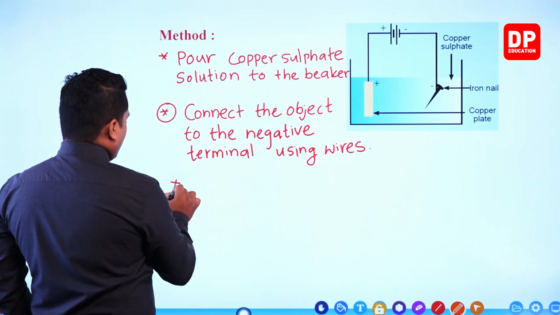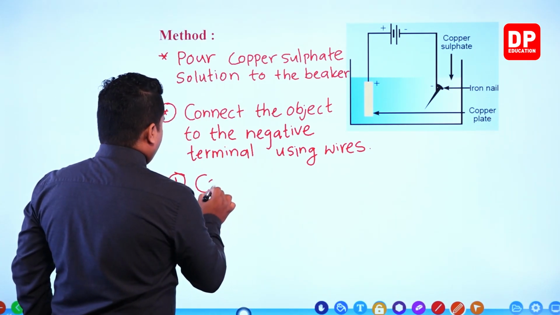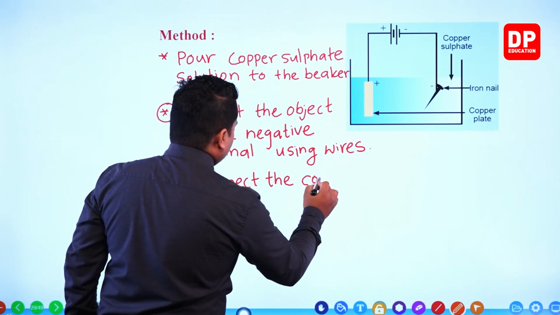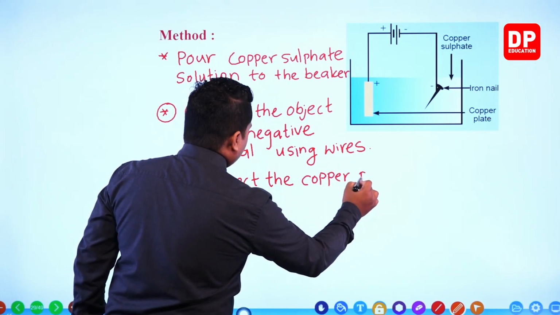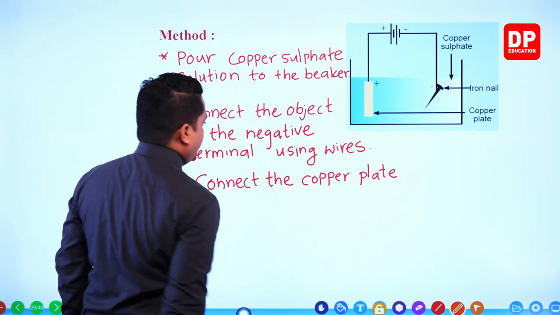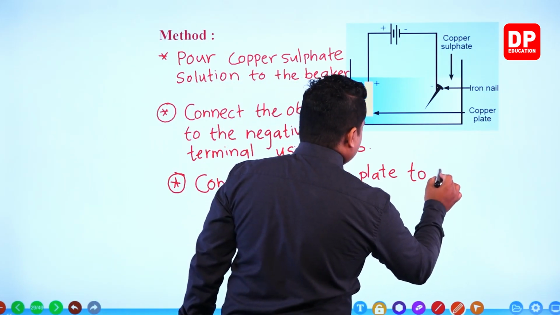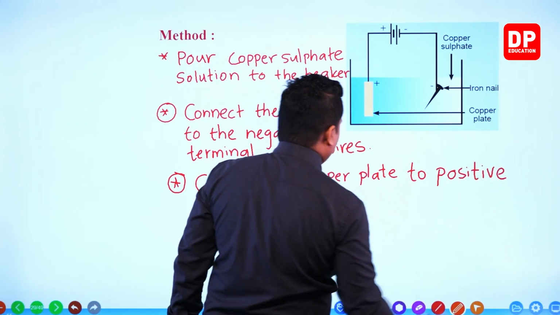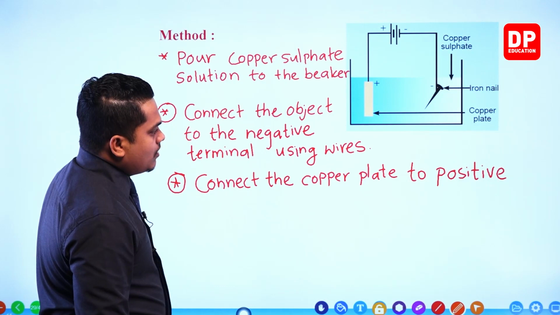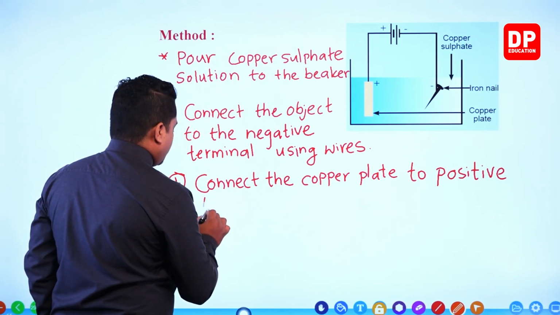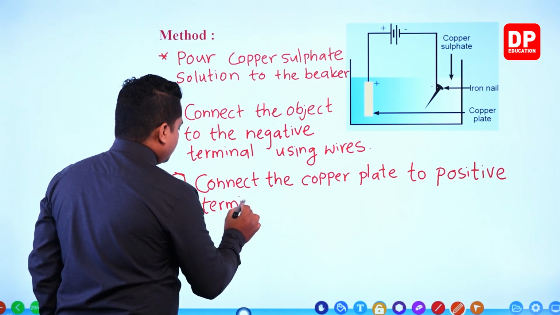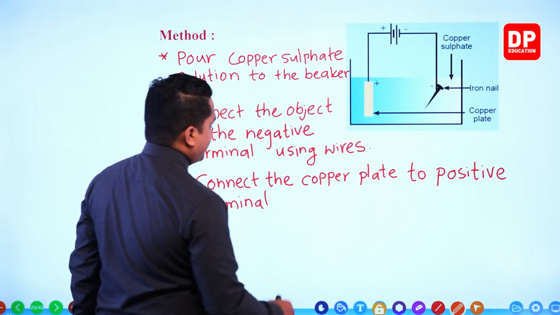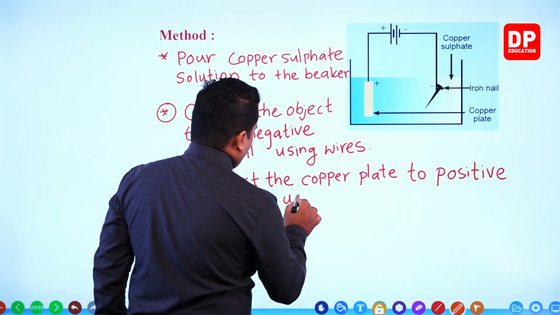And the other important one: connect the copper plate to the positive terminal using wires.